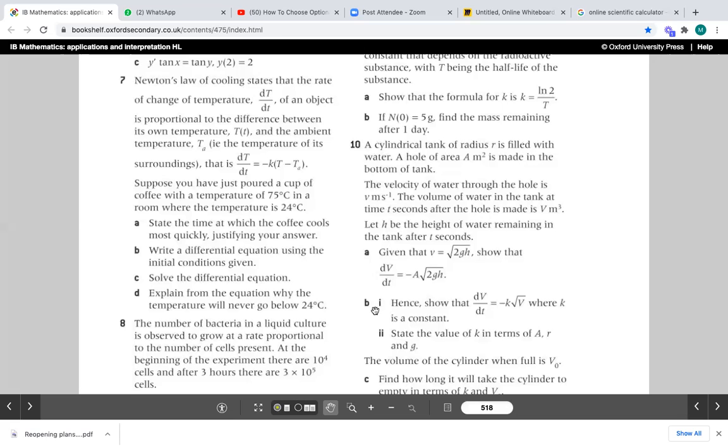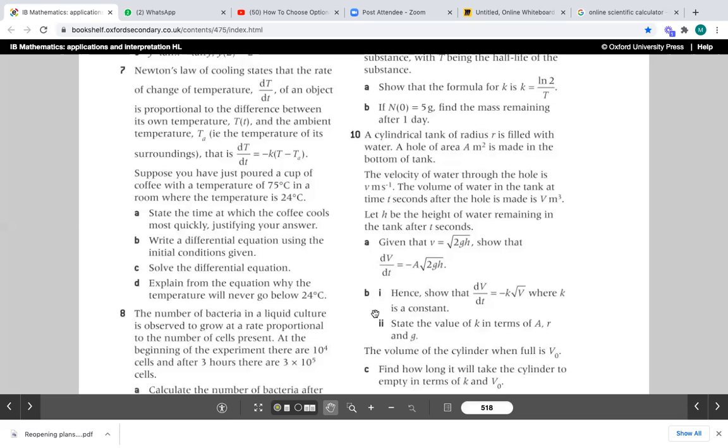The rate of cooling is proportional to the temperature difference. Now, the temperature difference is maximum at 75 degrees Celsius, so it will cool most quickly at 75 degrees Celsius. No, my friend.